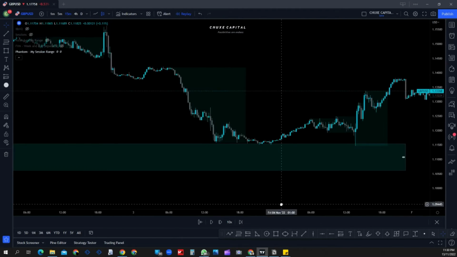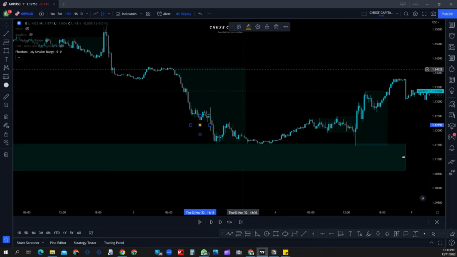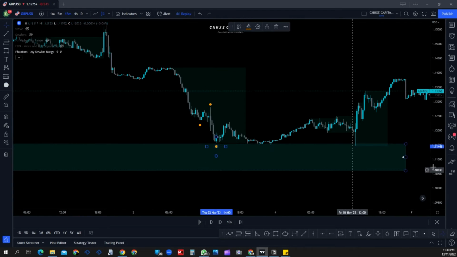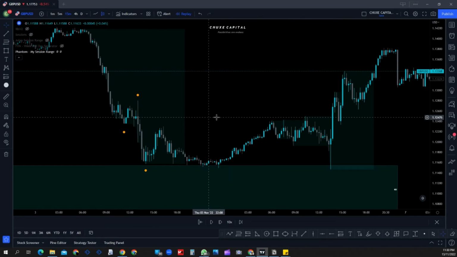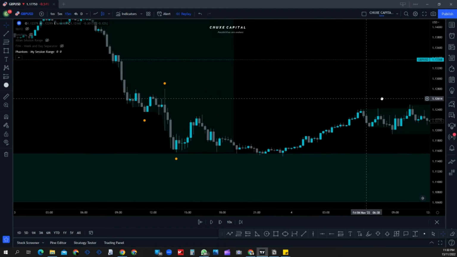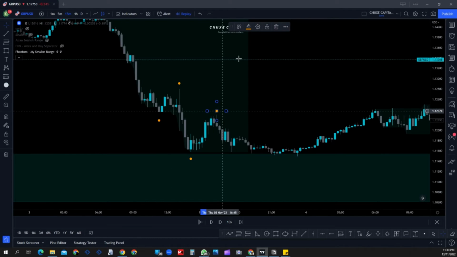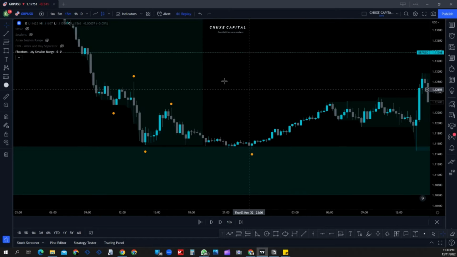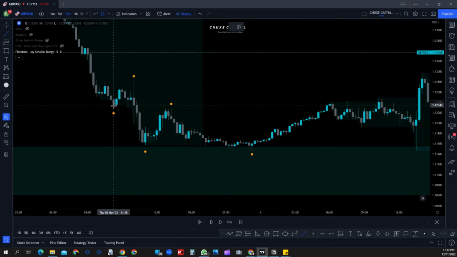If we're tracking price from here, we have this low, we have this high, we have this low, this high, and this low. So we have this 15 minutes break.